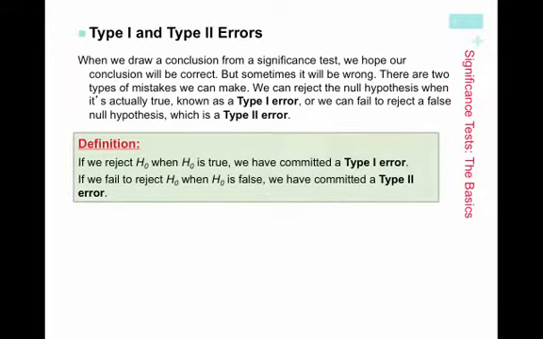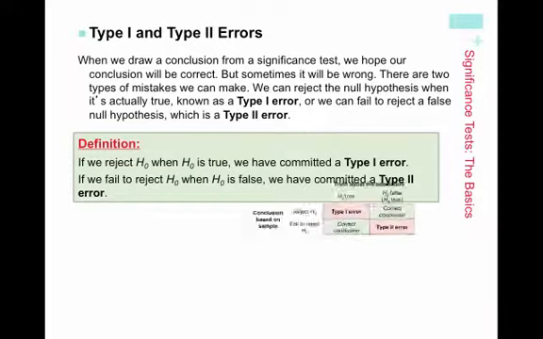And these can be difficult to keep straight. I don't really have a nice way of remembering it. It's just something you have to remember. When we're rejecting H0, when we're rejecting the null and it's true, it's type 1. When we don't reject the null when it's false, we're committing type 2.